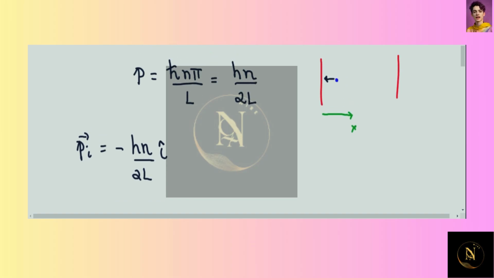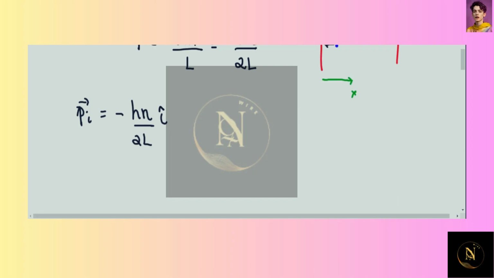After the particle bounces off the wall, the final momentum has the same magnitude, but an opposite direction. So the final momentum is hn divided by 2L i.